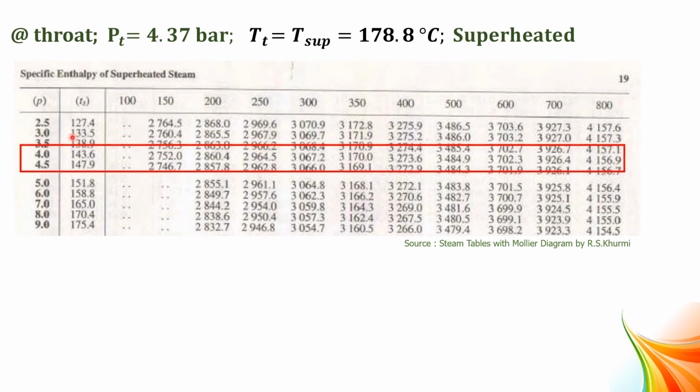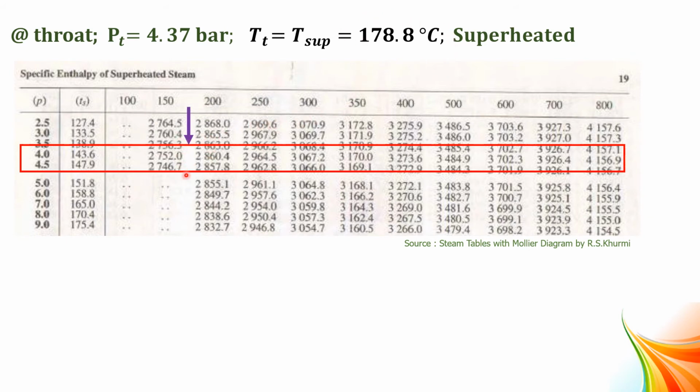But in our steam table they have not mentioned the values at 4.37 bar. So we have to check the values corresponding to 4 bar and 4.5 bar, at a temperature of 178.8 degrees centigrade.